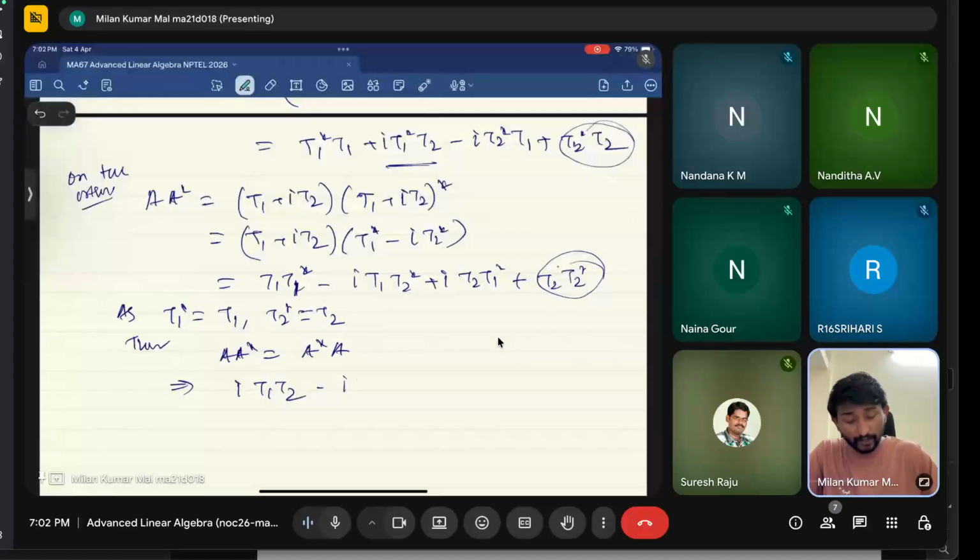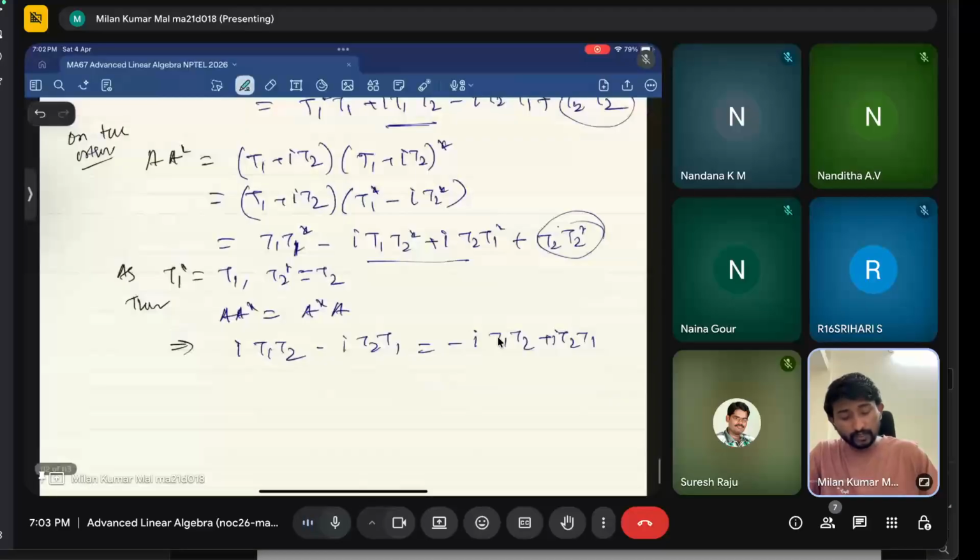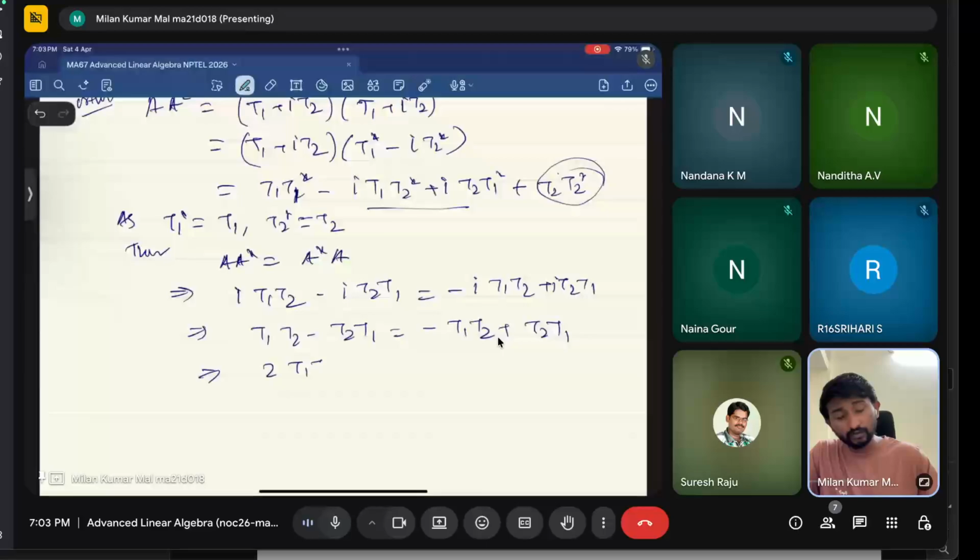So if I cancel out i, then what I will have, T1 T2 minus T2 T1, that is equal to minus T1 T2 plus T2 T1. So that will give that 2 times T1 T2 is equal to 2 times T2 T1. So if you cancel out 2, then we will have that T1 T2 is equal to T2 T1.